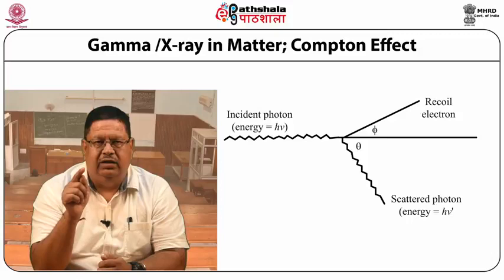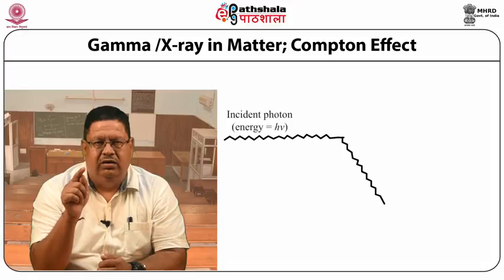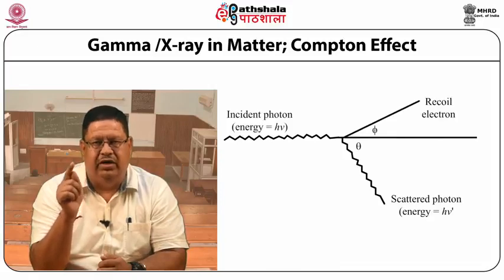Due to scattering, the photon moves with modified energy because it exchanges momentum as well as energy with the electron. The distribution of momentum and energy takes place between the incoming photon and the recoiling electron.